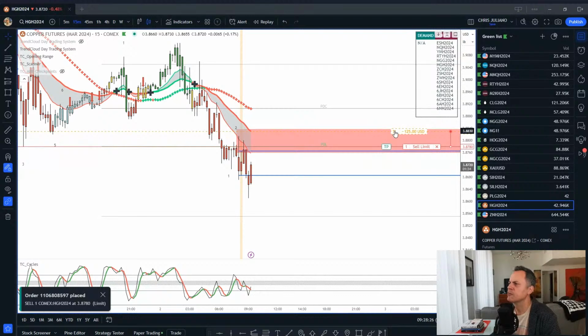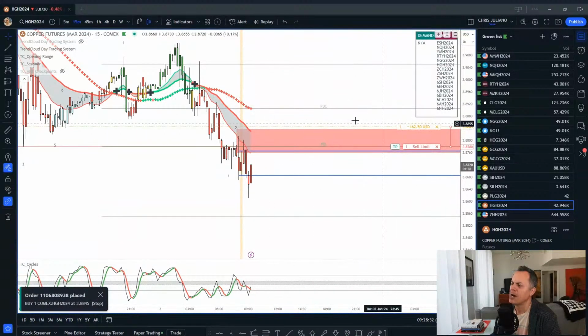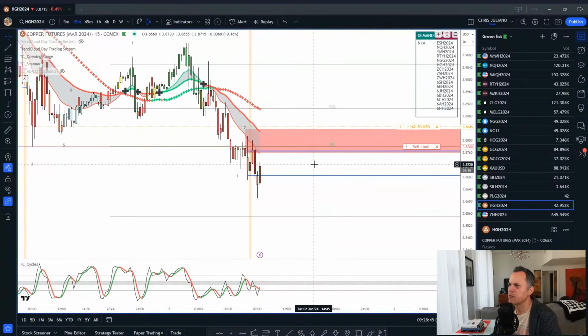Okay, there's your $125. Copper is expensive, right? Remember that copper is expensive. If we pull back into this area, we might be able to catch the move on copper, and that would be right at that previous day's low.